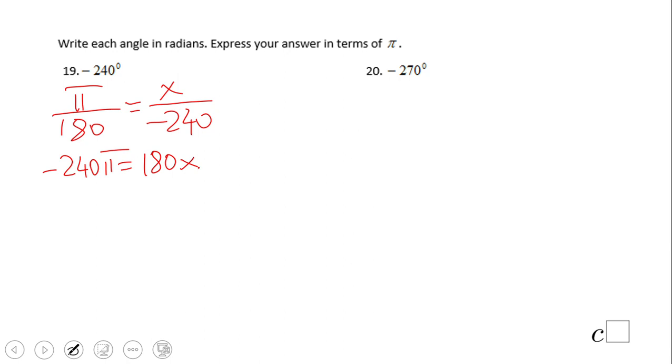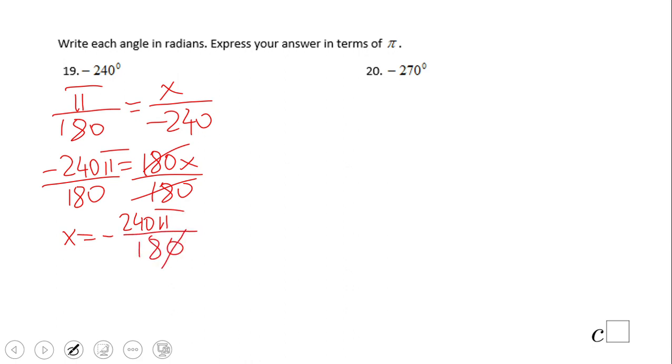and divide by 180, we end up with x equals negative 240 pi over 180. The 0 can be cancelled out, and then we have what?